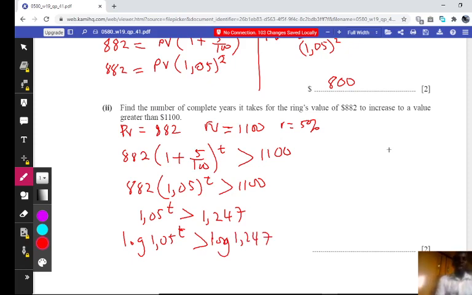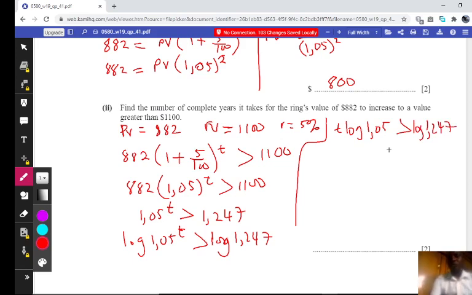Then applying the laws of logarithms, it will be t log 1.05 is greater than log 1.247. Then you divide by log 1.05 both sides, you get t greater than log 1.247 over log 1.05.